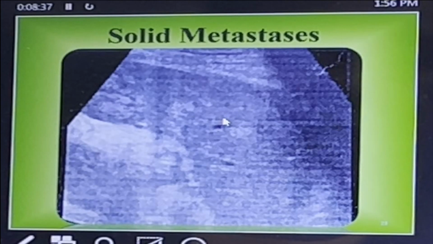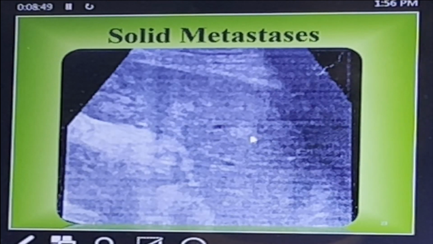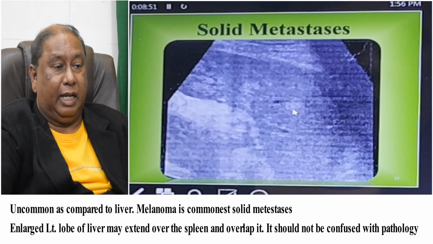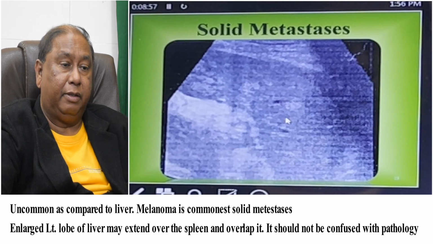Now the solid metastasis. It is uncommon, unlike the liver. Melanoma is the commonest of the solid metastasis. An enlarged left lobe of the liver may extend over the spleen and overlap it.